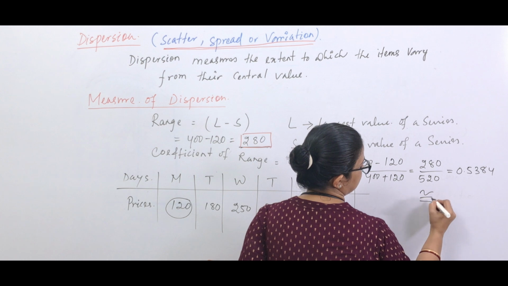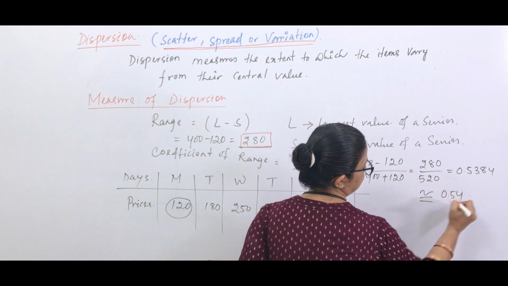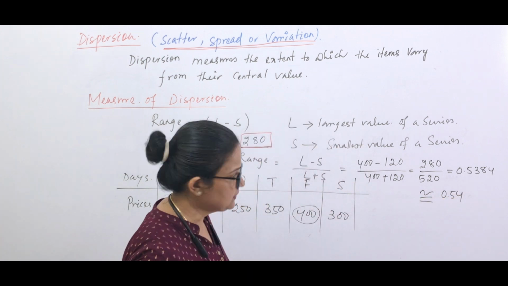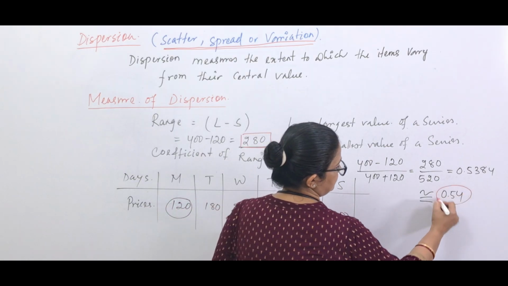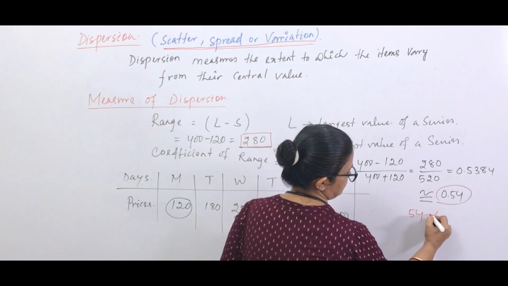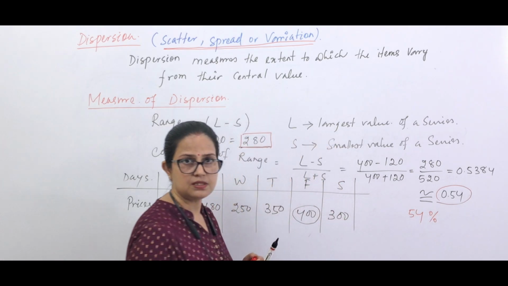Otherwise, we can write it as approximately 0.54. As this is the coefficient of range, we can also write it as 54 percent.